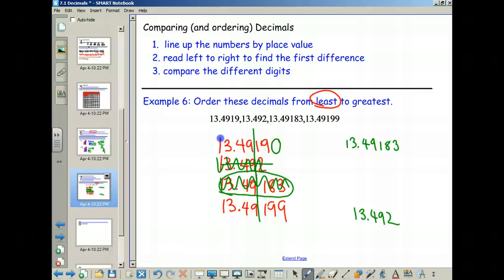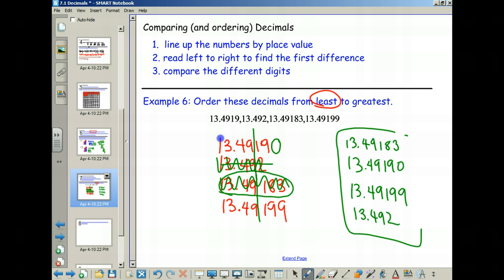It really doesn't, right? I'm really comparing 190 and 199. And 190 is smaller than 199, so that's going to be listed next. So this is 13.49190, and then I've got 13.49199, or you can put the 0 or leave it off, it doesn't matter. So this would be the correct ordering from smallest to greatest.